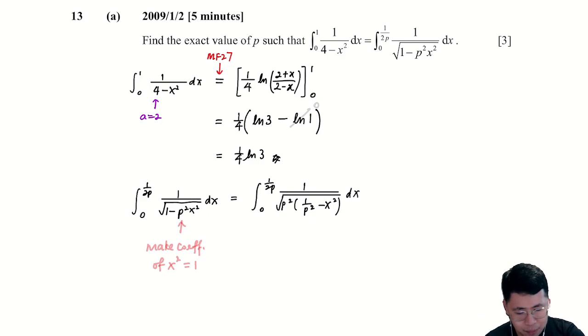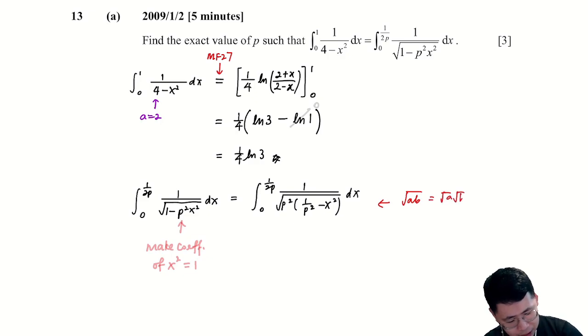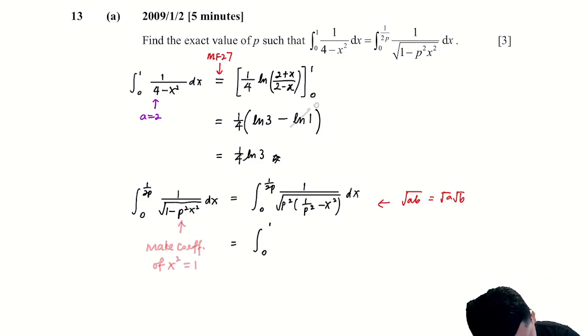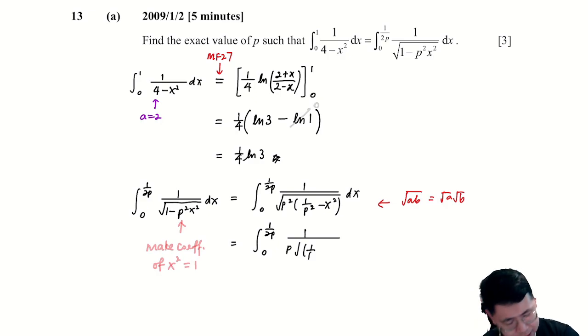Now because of the product, this step over here, let's say if I have square root of a and b, I can separate it into root a and root b, correct? So what I will do is I will just split the p square out. So this one I will have 1 over p times 1 over square root of p square minus x square, dx.